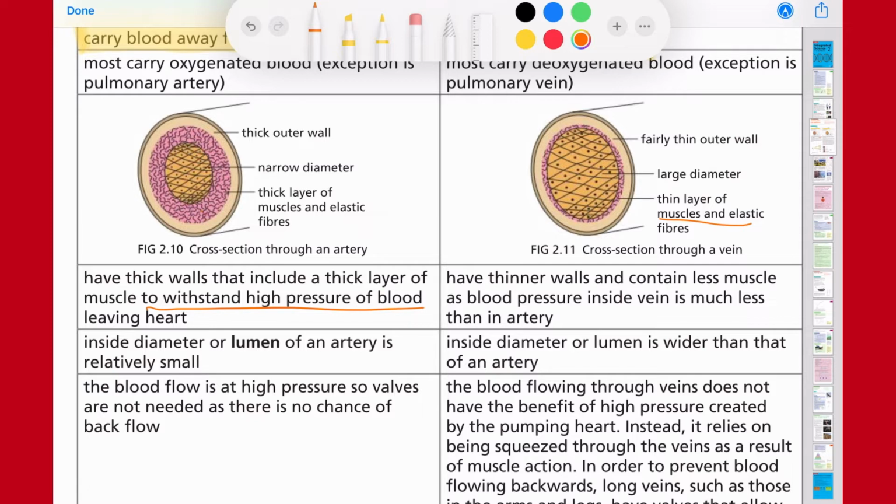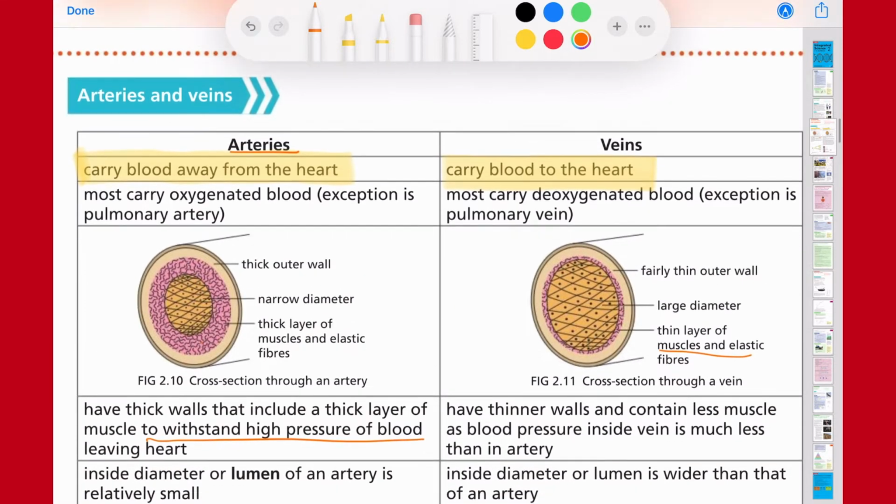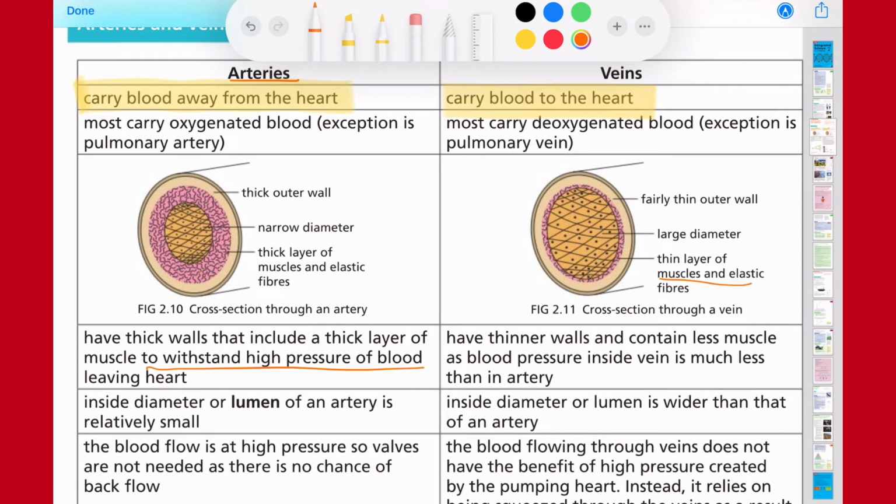Because arteries carry blood away from the heart, they need to be able to withstand that pressure without bursting. So the walls are very thick and the diameters very thin, so that when the blood passes through, the vessels are strong enough to withstand that high pressure.